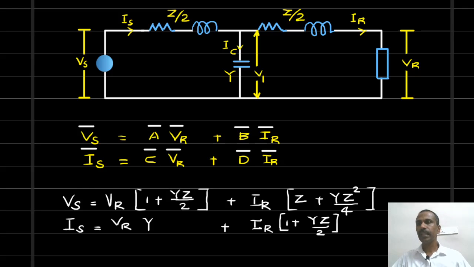Hi students, in this class we are going to solve a numerical problem on the ABCD constants of nominal T network of transmission lines.